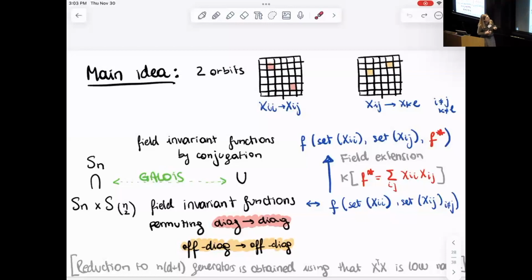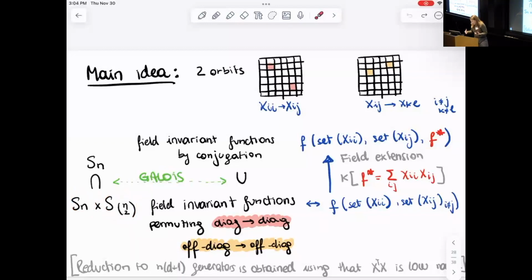And the features come from the idea that, given the action of the permutations on matrices, you have two orbits. You can take any two diagonal elements and exchange them, and you can take any two off-diagonal elements and exchange them, but you cannot exchange them independently. You have to do it so that it's consistent, like the exchanging of the diagonal and the off-diagonal. And so you can write it as a symmetry group inside a bigger symmetry group, which is exchanging the diagonals and the off-diagonals.